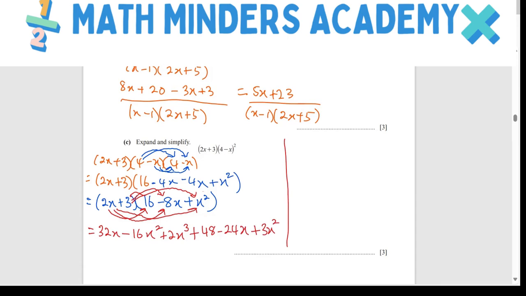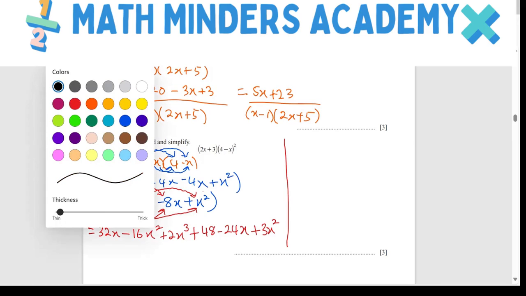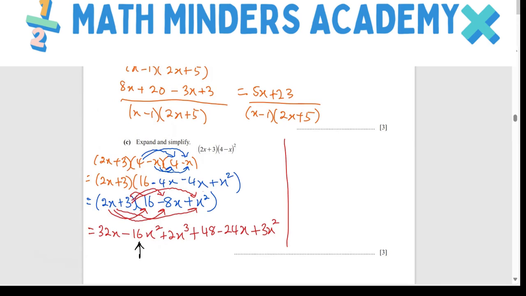So now, let's see all the items that we are going to add together. Now, if you look at this, this is minus 16x squared. This is another one with power 2 here, okay? But this 2x cubed doesn't have any item to add up to it, so we bring down 2x cubed. So this minus 16 plus 3 will give us minus 13.